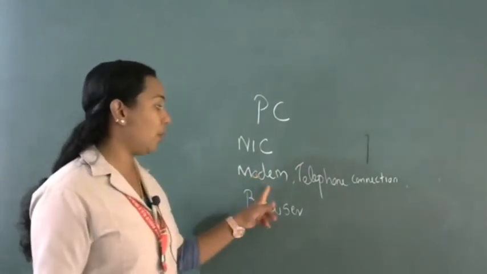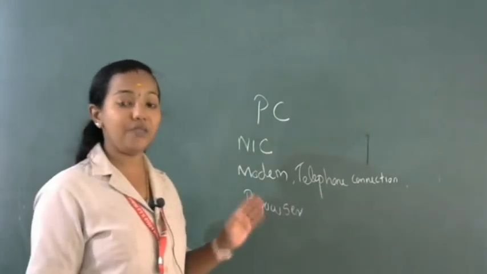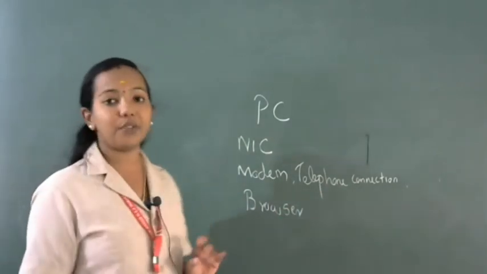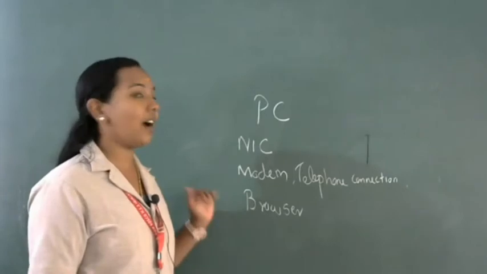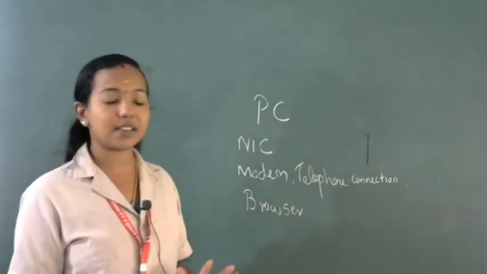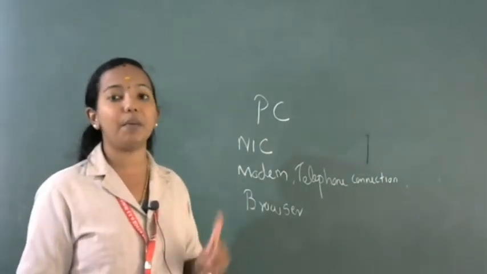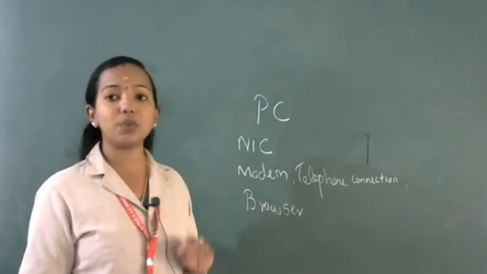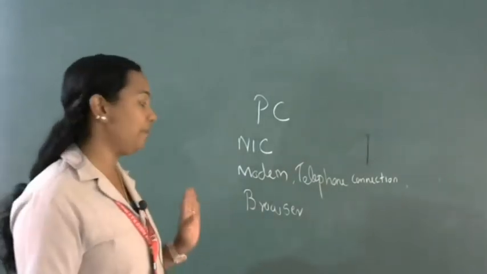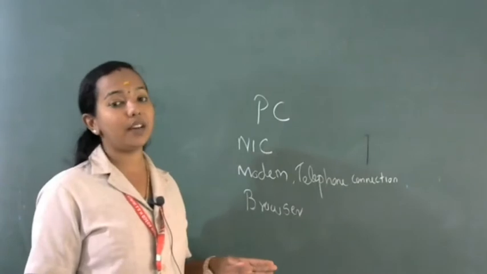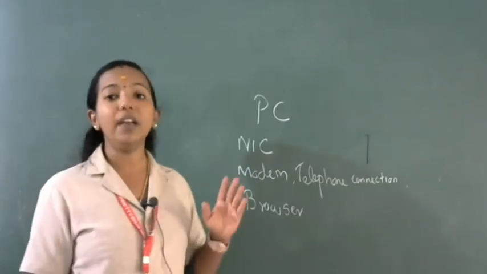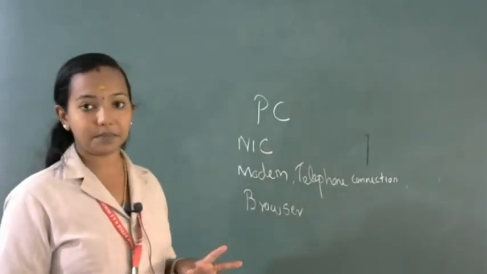Second one, modem with the telephone connection. Then after that, a browser. For accessing internet, any one web browser is a must, and that web browser needs to be installed in your computer. So these are the different components required for internet connectivity.